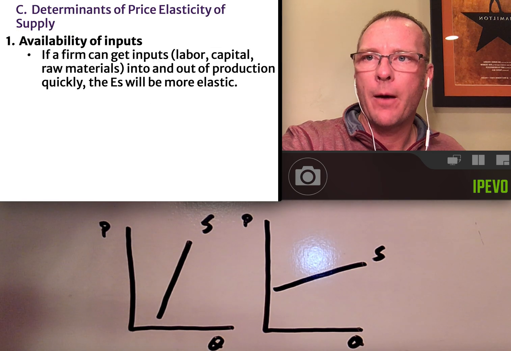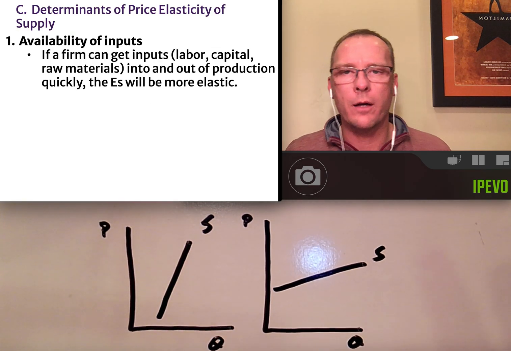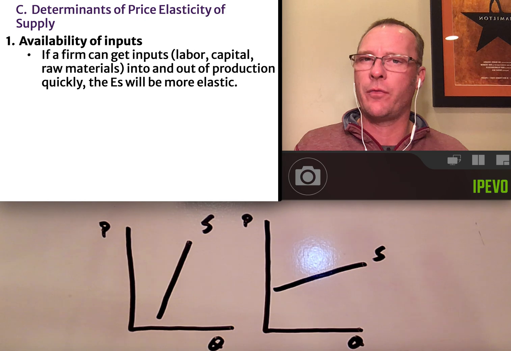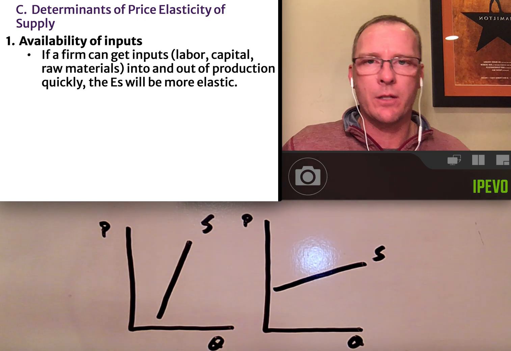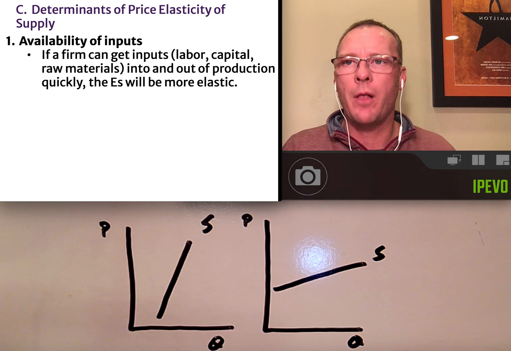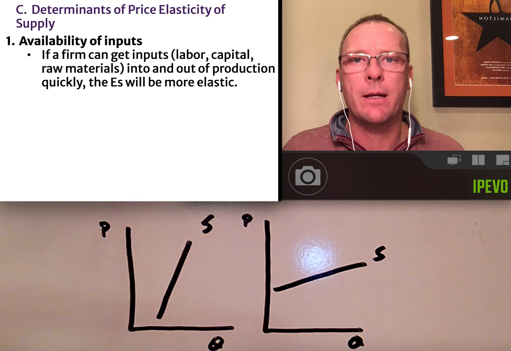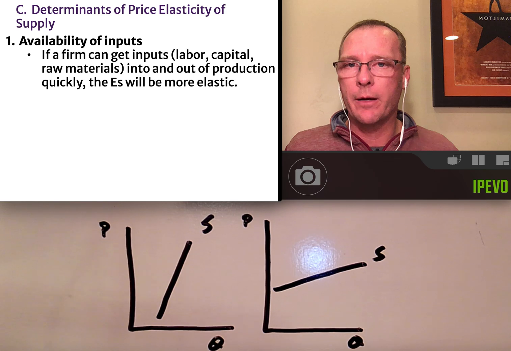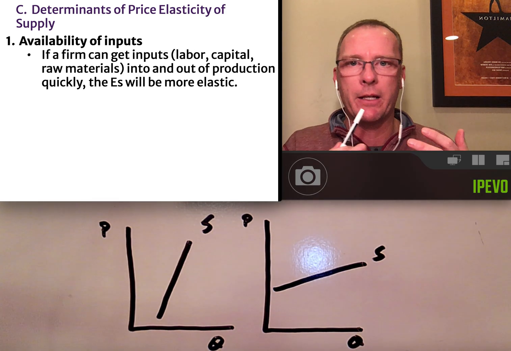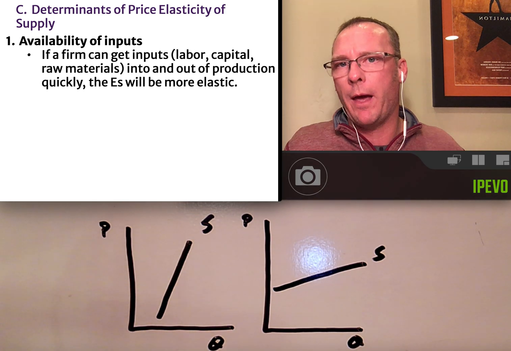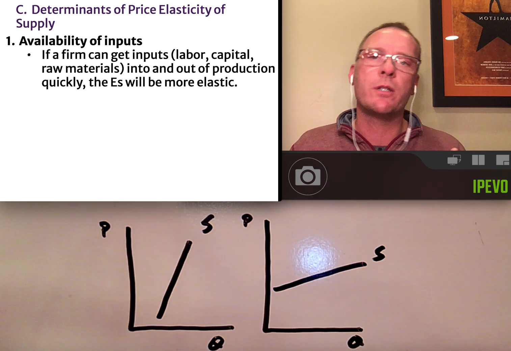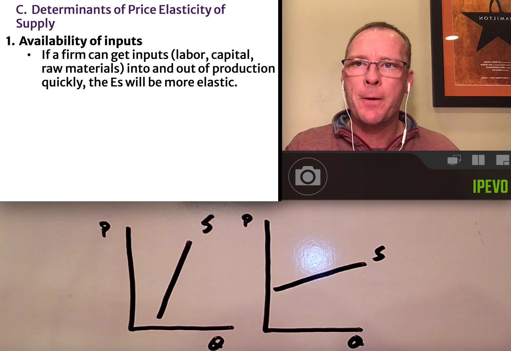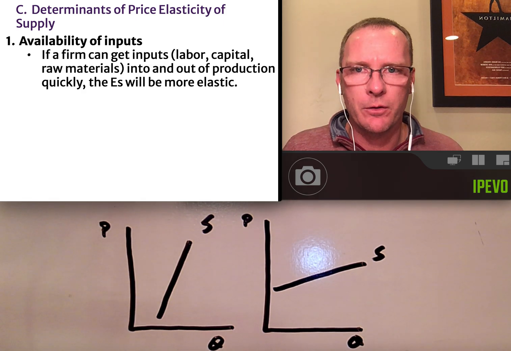Okay. Now, as you look at what causes this to happen, and this is a little different than what causes, we just look at, in terms of demand, are there good substitutes, etc. In terms of supply, availability of an input. So you're a supplier. It means you have to use something to make your good. So what are you going to make? Well, if you're using oil, you're using steel, you're using some sort of an input to make it, if that becomes difficult to achieve, right?